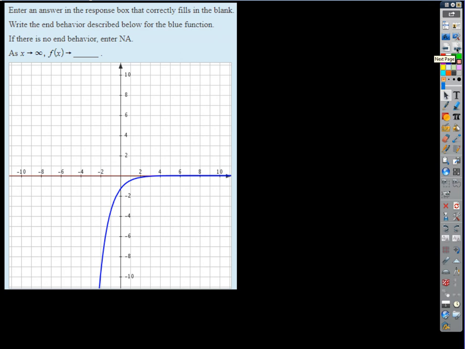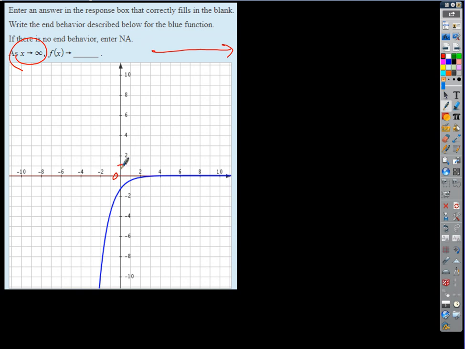How about this one? As x approaches positive infinity, so as I go to the right forever, what does y do? It's pretty boring. What does y end up approaching? It looks like it's just more and more closely approaching that asymptote. And what's the y value there? Well, 0, right?